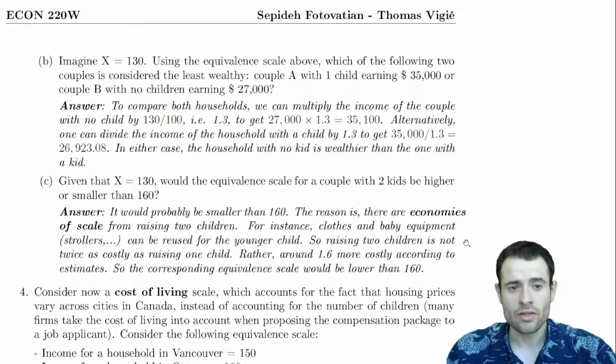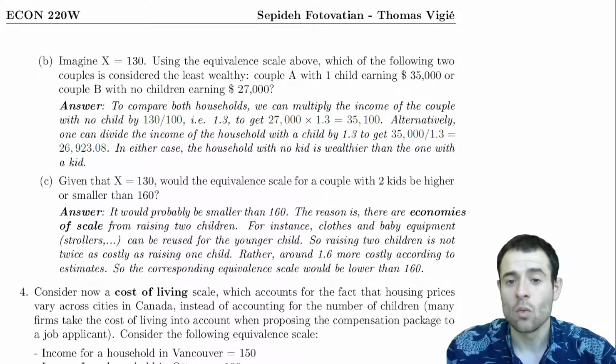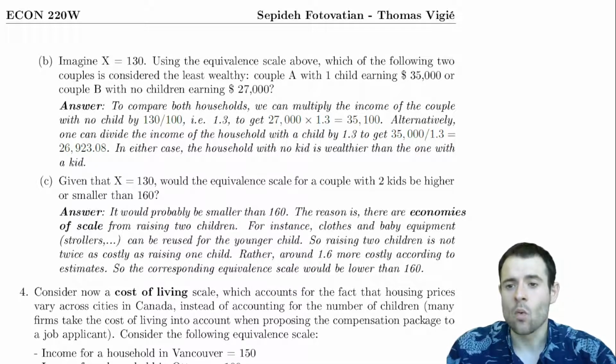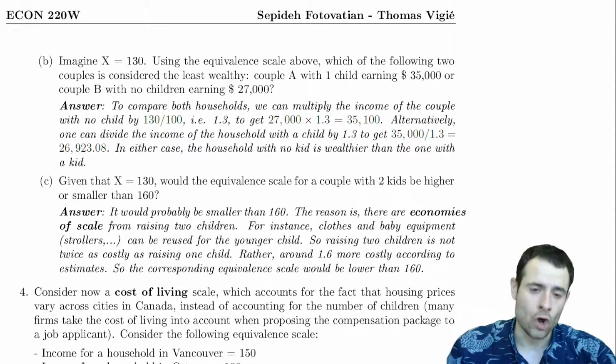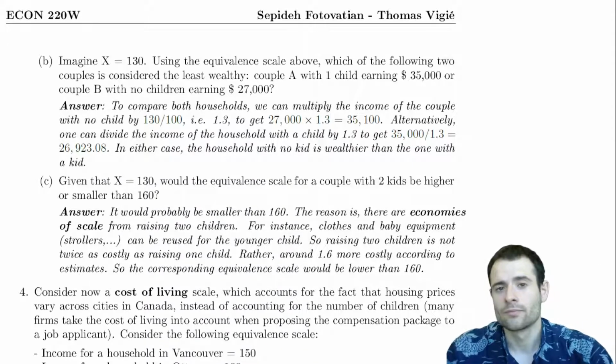So now imagine that x is equal to 130. Using the equivalent scale above, which of the following two couples is considered the least wealthy? Couple A has one child and earns $35,000. Couple B earns $27,000 but has no children.